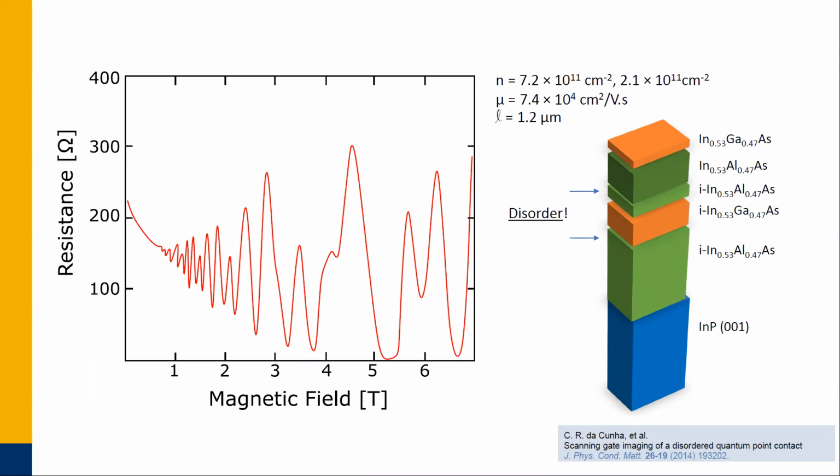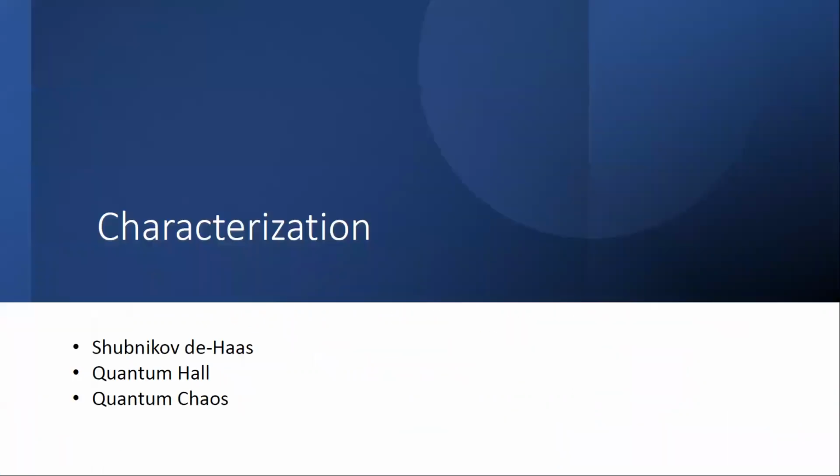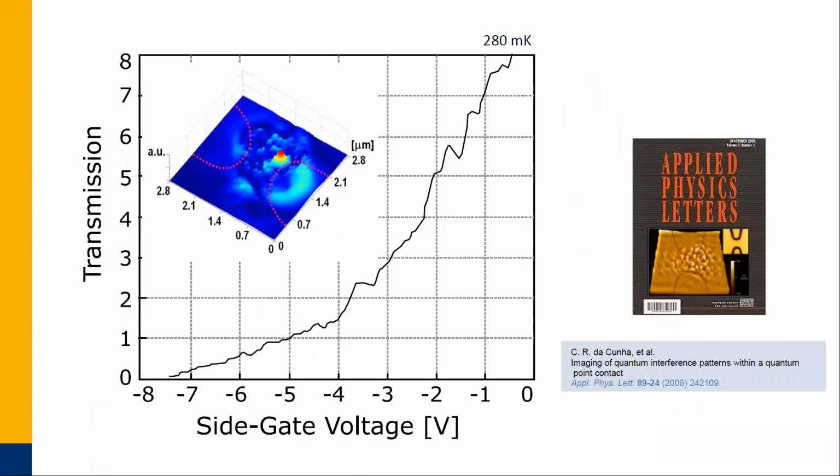But no, we have something very small, 1.2 micrometers. So what is causing this very small path? Has to be disorder. So basically we have a disordered material, and because of the disorder, we have this very strange local density of states.